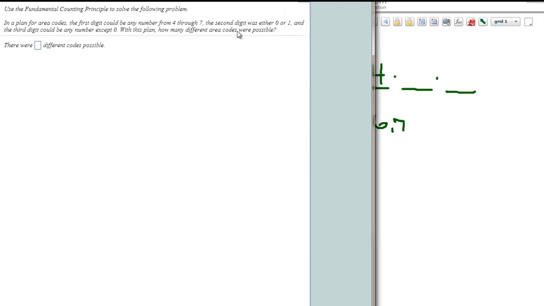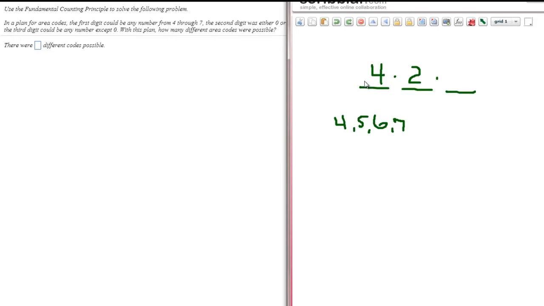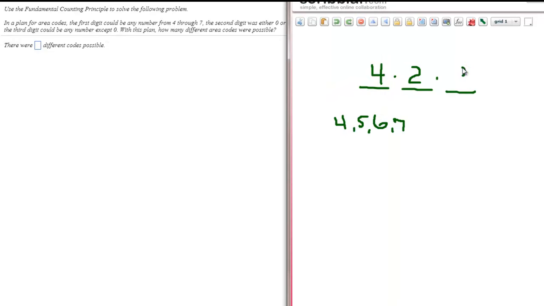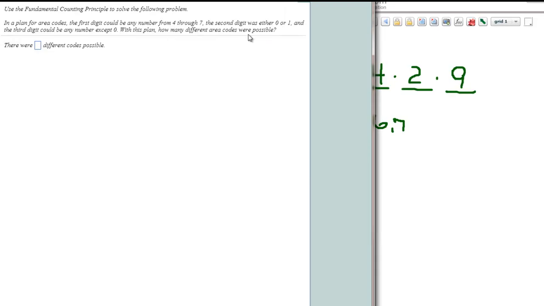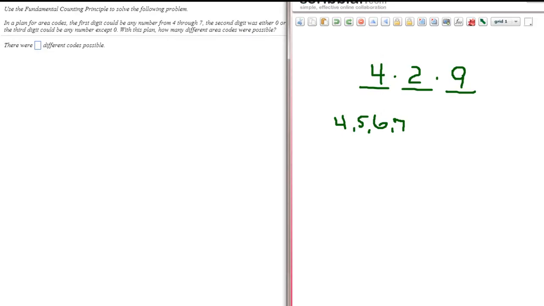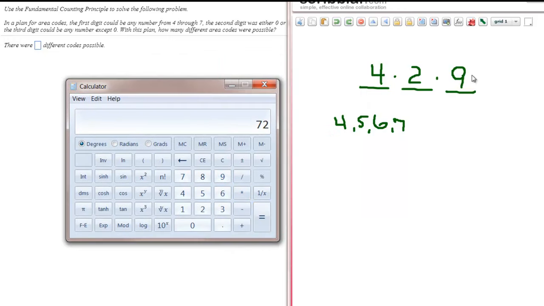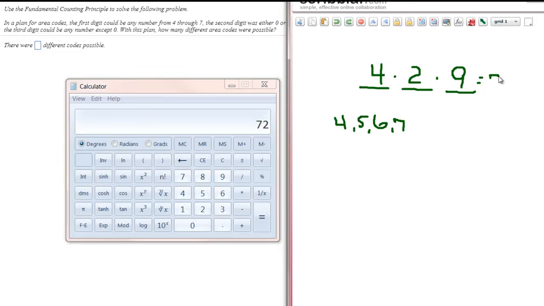The second digit was either 0 or 1, so there are only 2 possibilities. And the third digit could be any number except 0, so that's 9 possibilities. With this plan, how many different area codes were possible? Let's multiply: 4 times 2 times 9 is 72. So 72 possibilities.